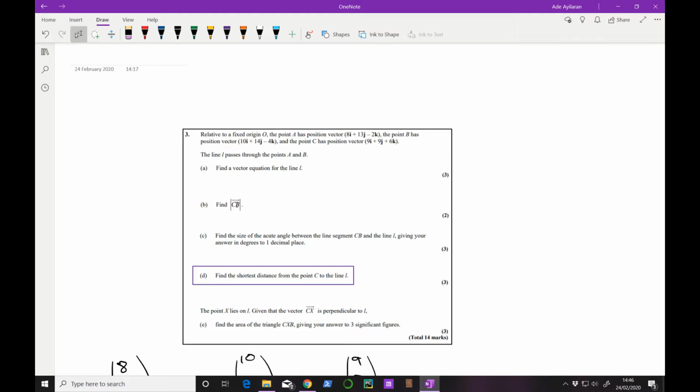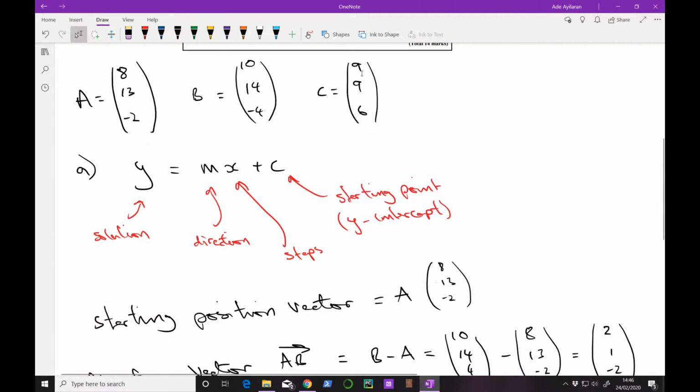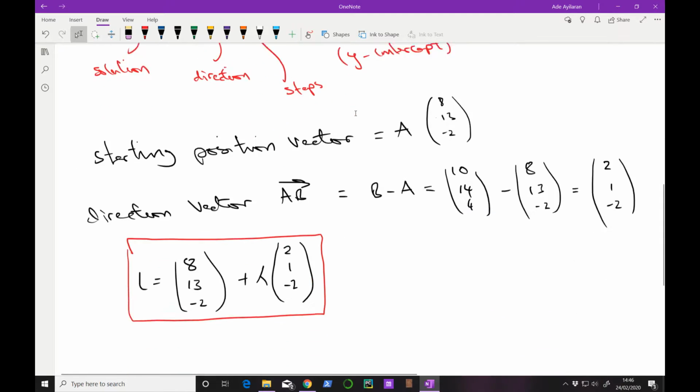But now we are linking a line from B to C, and we are trying to find the length of that line. So that means finding the magnitude of the direction between C and B, noting that C is 9, 9, 6.